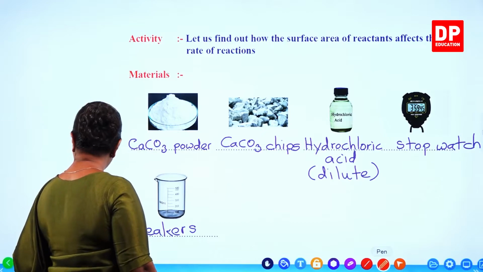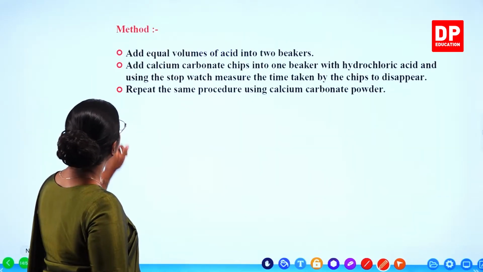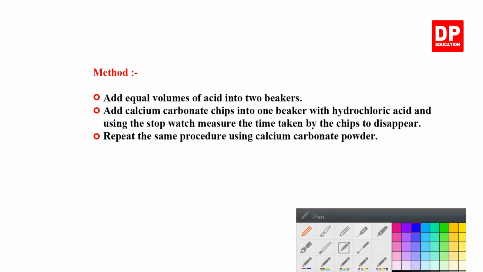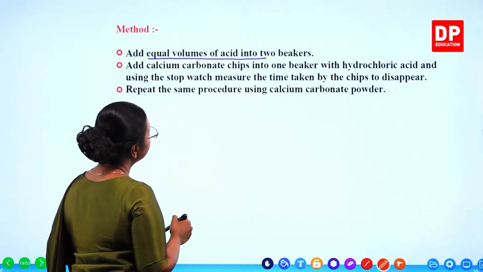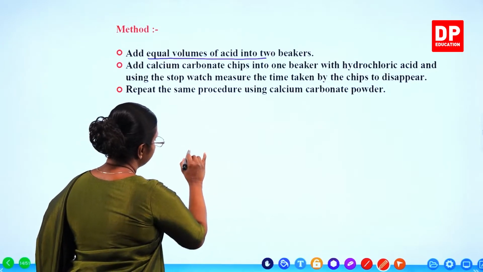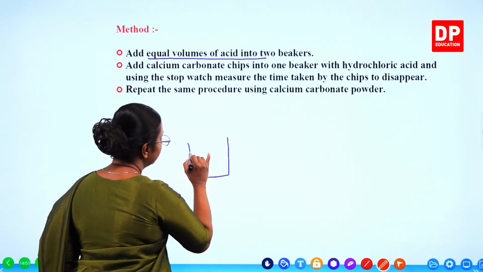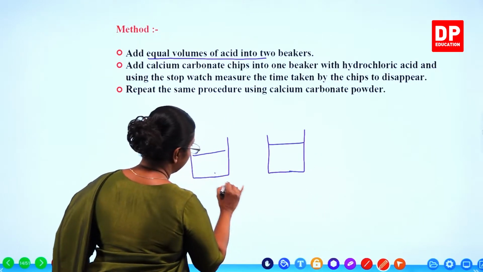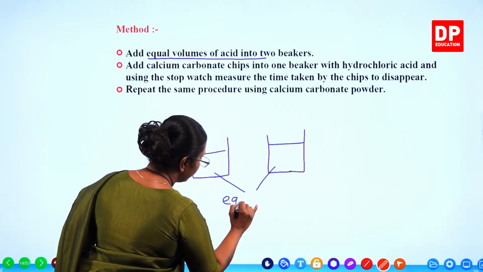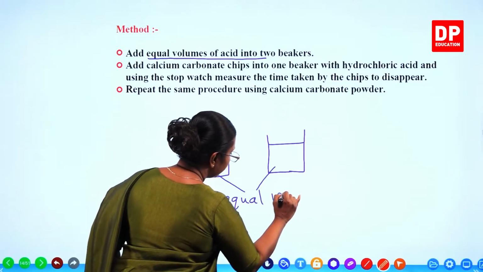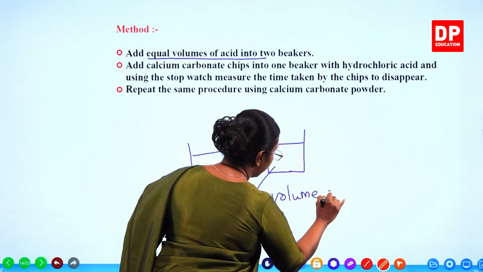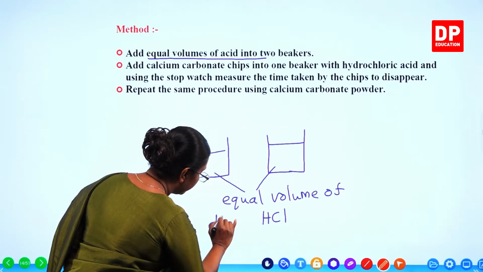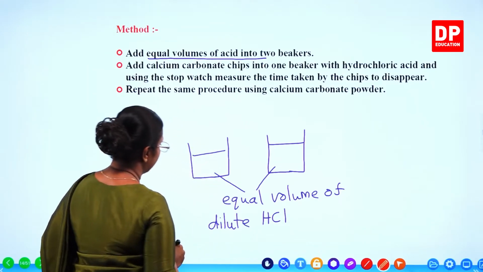So then, if I move on to the method, add equal volumes of acid into two beakers. So you have two beakers here, and into both the beakers you take equal volume of HCl, and that also dilute HCl.